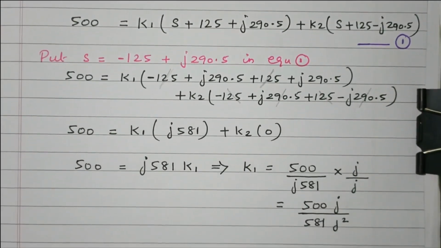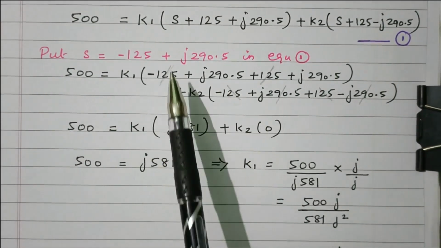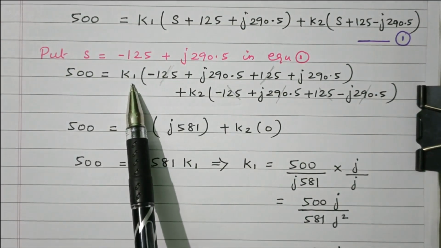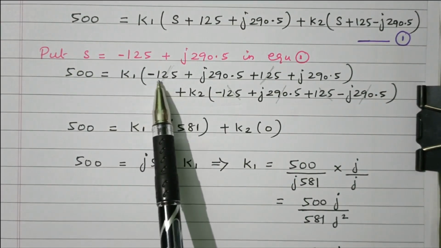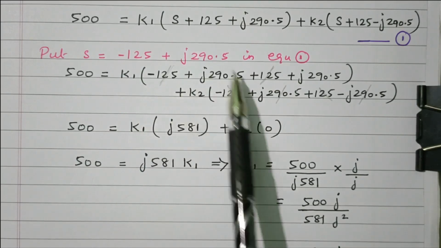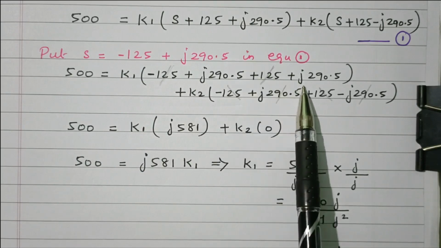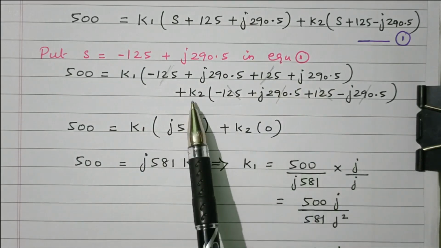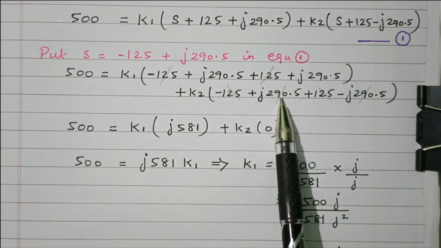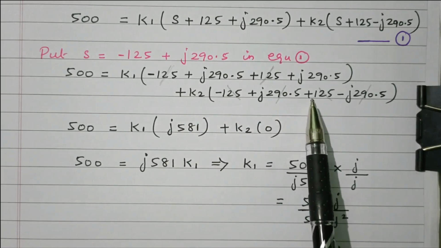So I will substitute this value. S equal to minus 125 plus J 290.5, 500 equals K1 into this S value, minus 125 plus J 290.5. Already here 125 is available, plus J 290.5 is available, plus K2 into minus 125 plus J 290.5. But here what is available?